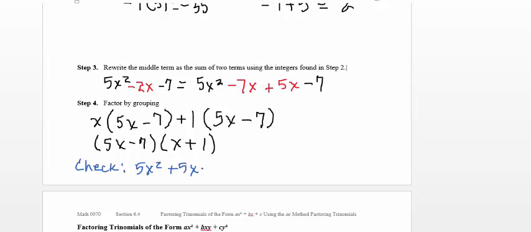Negative 7 times x is negative 7x. Negative 7 times positive 1 is negative 7. And if we combine the like terms, we see that we do get the original polynomial. So that does check out.